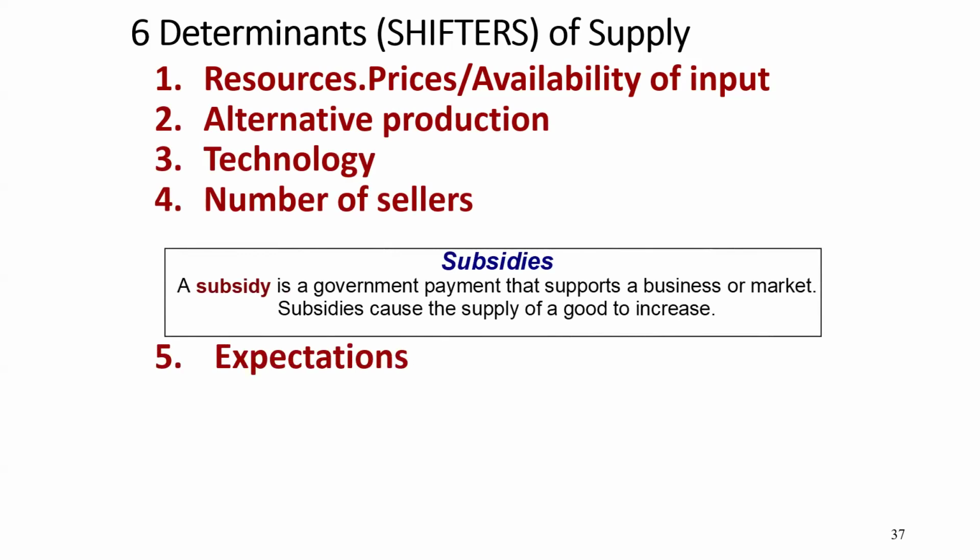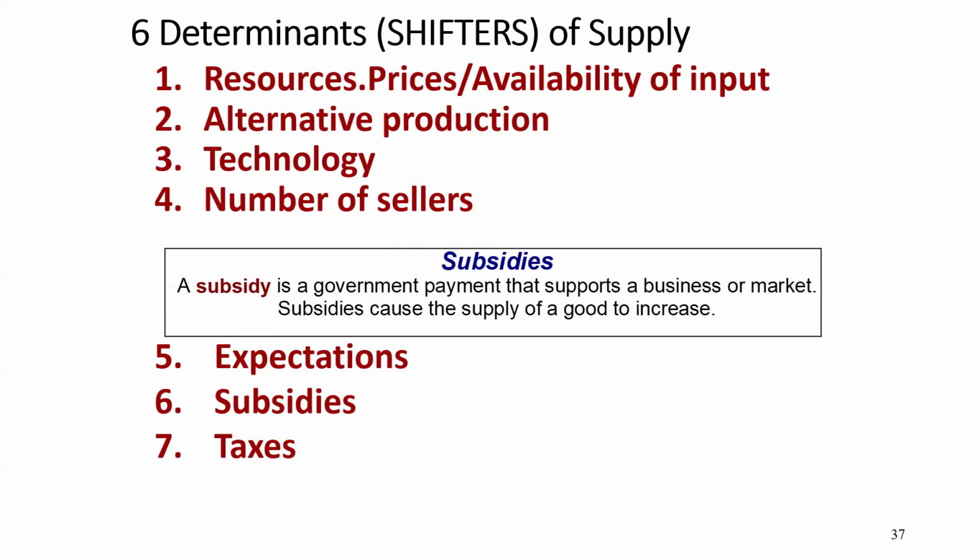Okay. Expectations. Here is expectation on future profits. So if I'm expecting to make more money next month, I'm going to supply less now. Subsidies. Anytime we increase subsidies, supply is going to shift right. Anytime we decrease subsidies, supply is going to shift left. And then taxes. Okay.